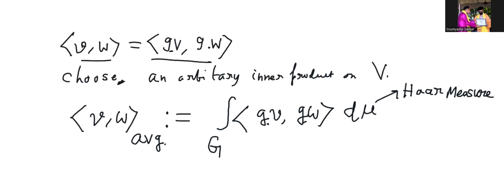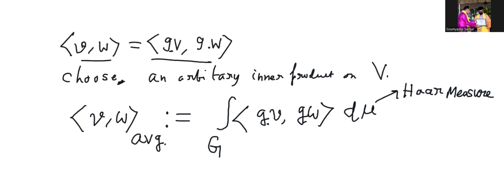Basically, I'm integrating the function of g dot v comma g dot w over the group. That means I'm basically averaging the inner product over the group. This is a very common trick in mathematics. When the group is acting on some space and you want to make some property of the space invariant under the group, you take an arbitrary property and then you average over the group. This is a very common philosophy, a very natural thing.